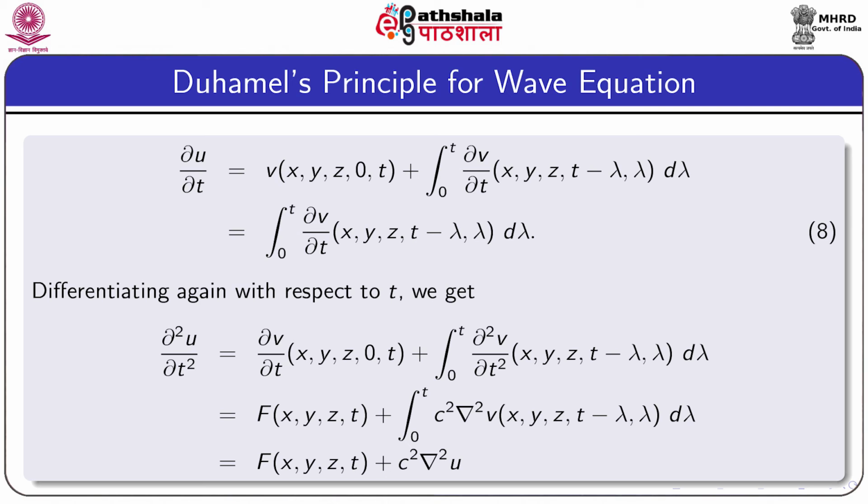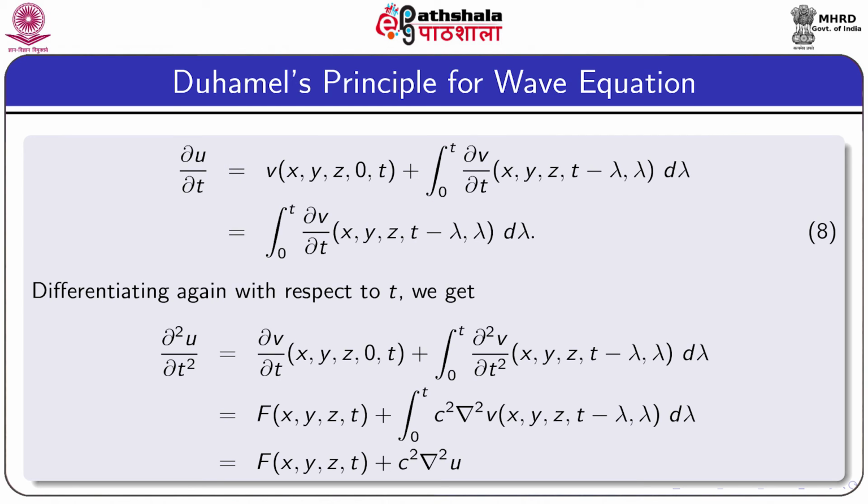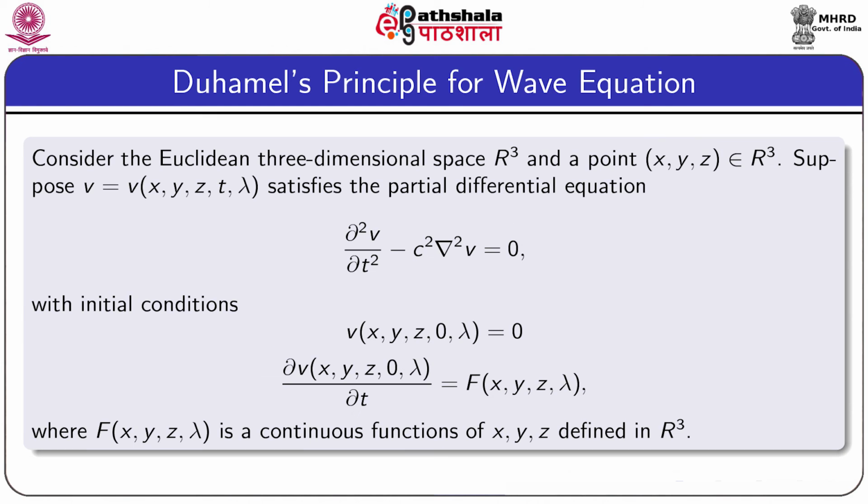So, the first element is v(x, y, z, 0, t) plus integration 0 to t of del v del t (x, y, z, t minus lambda, lambda) d lambda. And we have that v, if you look at this equation, v at x, y, z, 0, lambda is 0.